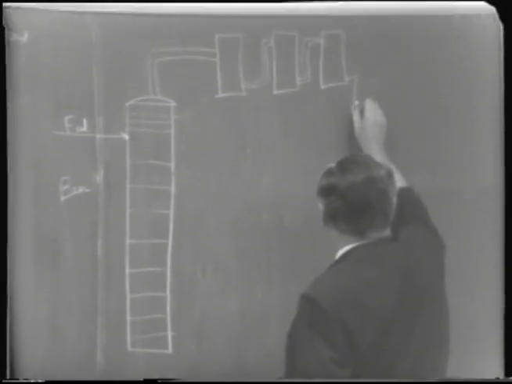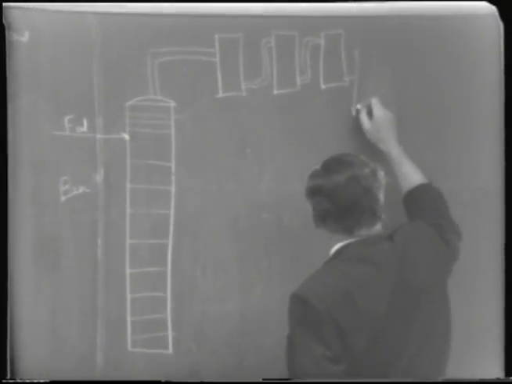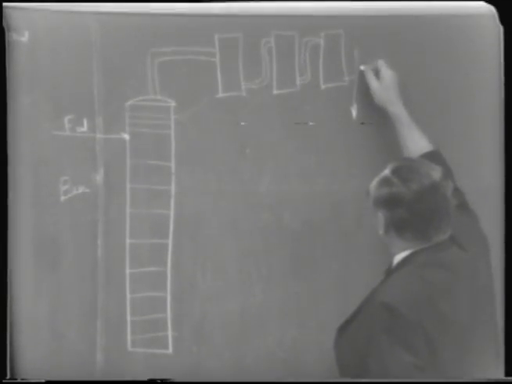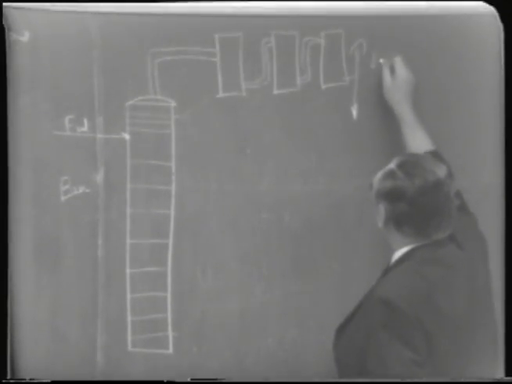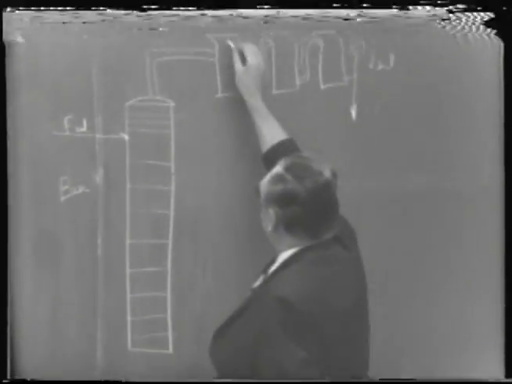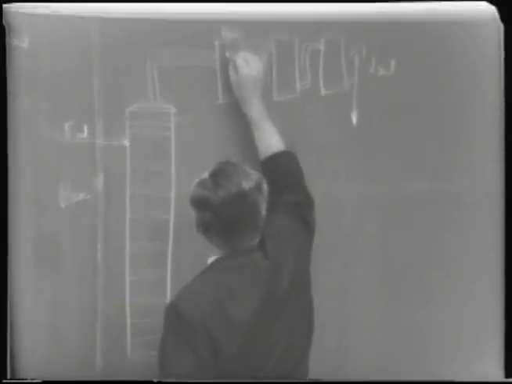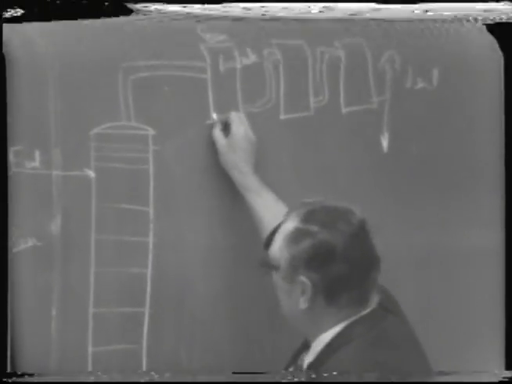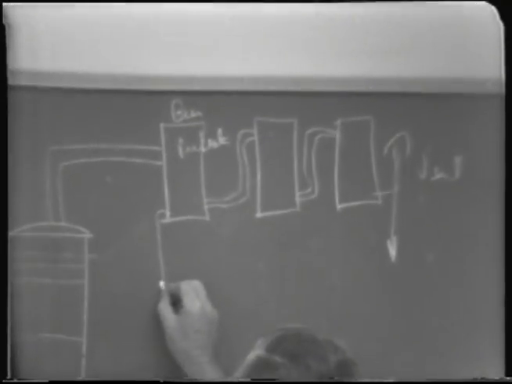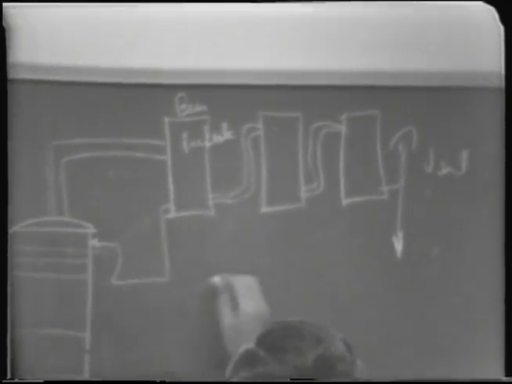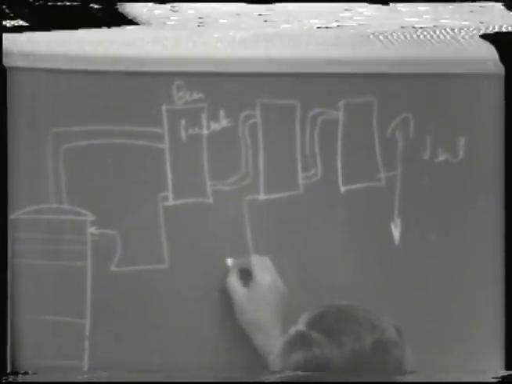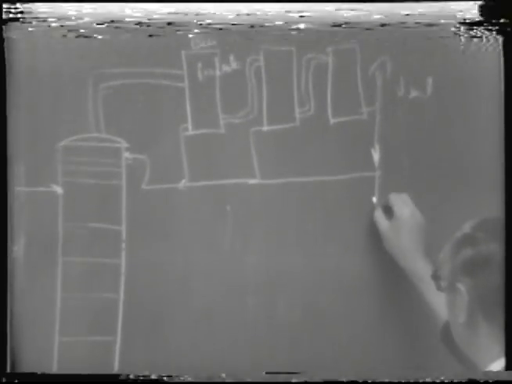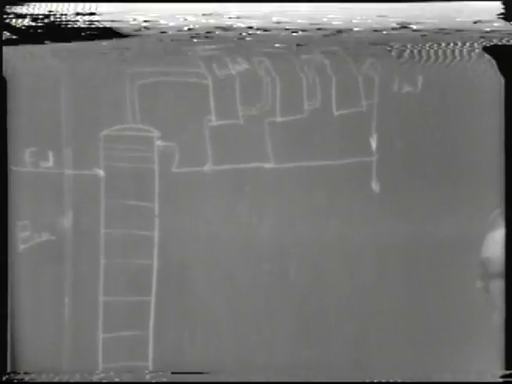And then finally you'd have the distillate here, and this would be a vent. Anyway, this would be a beer preheater. But anyway, they all provide either reflux, or the condensate is either reflux, or it may be arranged in such a way that you can take off some of it as product.